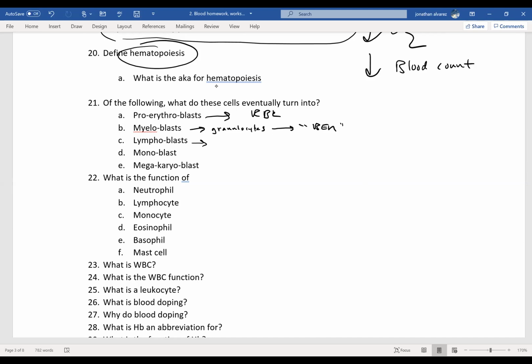Lymphoblasts turn into the lymphocytes. Monoblasts turn into monocytes, and megakaryoblasts into platelets. And those are granulated.